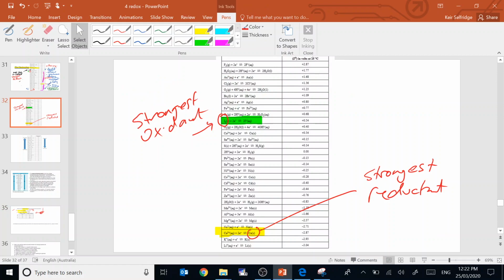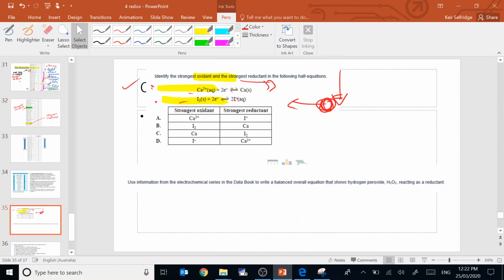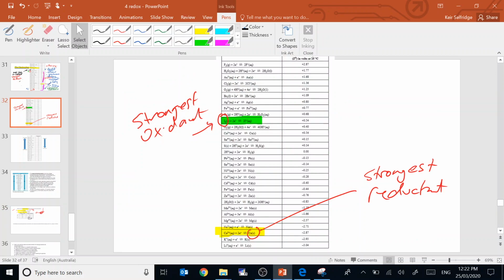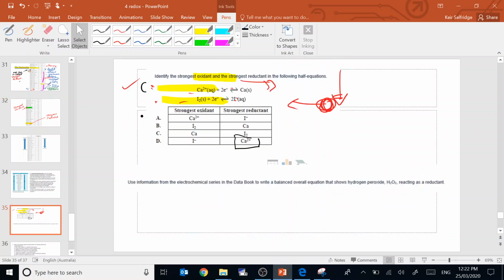Well, we said the strongest reductant was the Ca2+. So I'm loving that. Is that right? Hang on. No, Ca solid. That's more like it. Oh, that's much better.